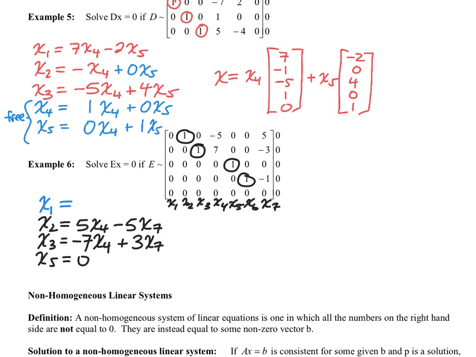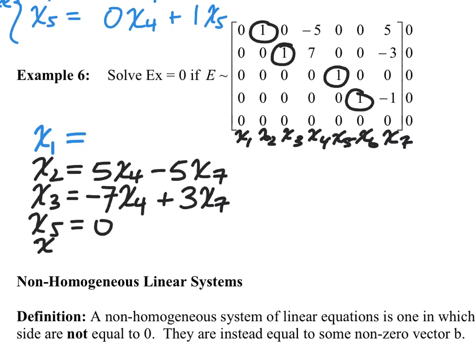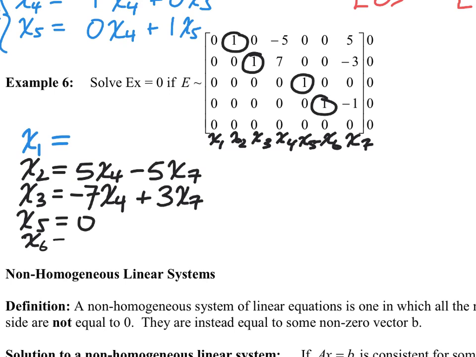You know, 0 x sub 4, 0 x sub 7, 0 x sub 1, all that good stuff, but for now, just 0. X sub 6, I'll do that in blue actually, because for x sub 6 we actually have something, so I want that in the same color. It's x sub 7 that we're not going to. So that's 1 x sub 7, and then x sub 7 is a free.